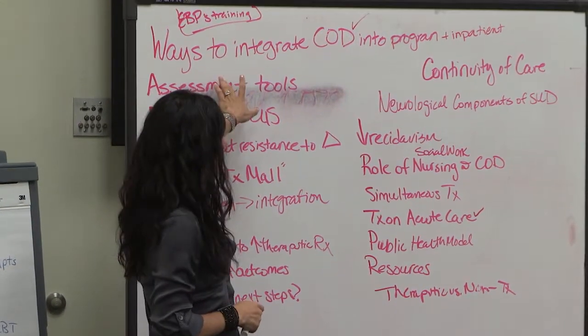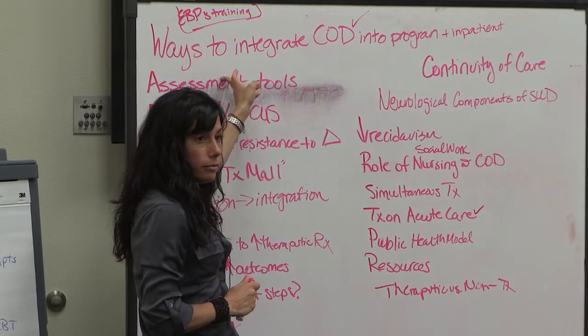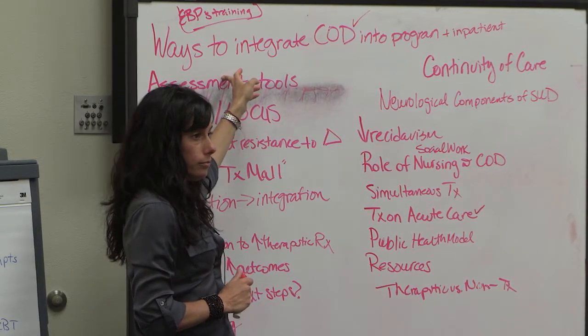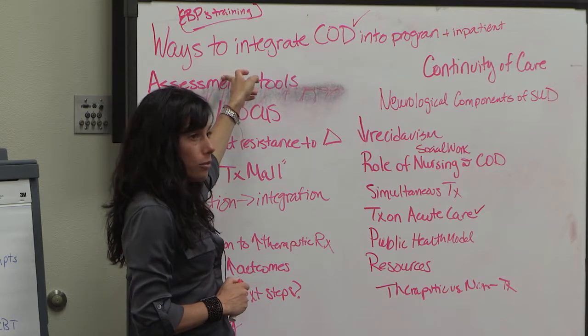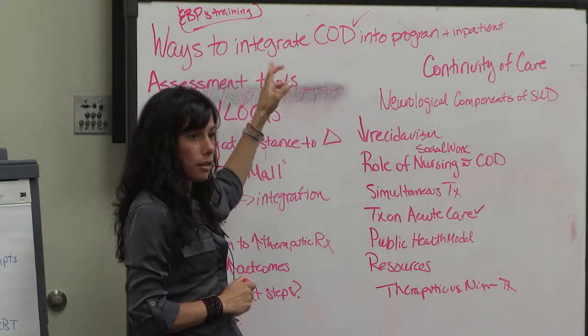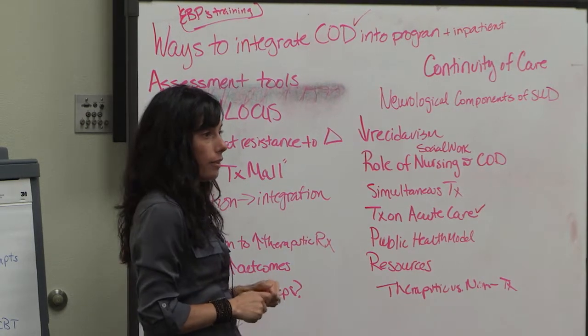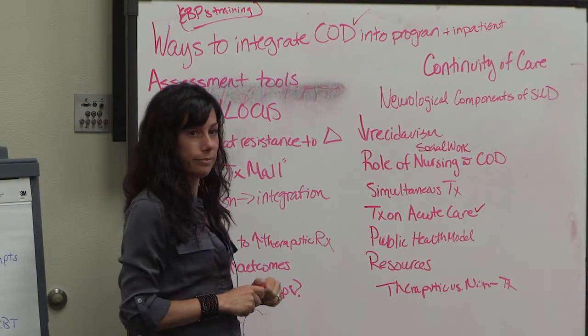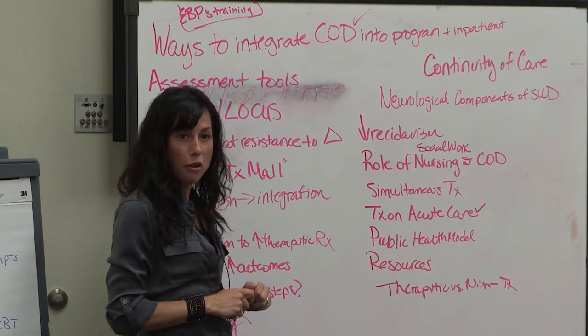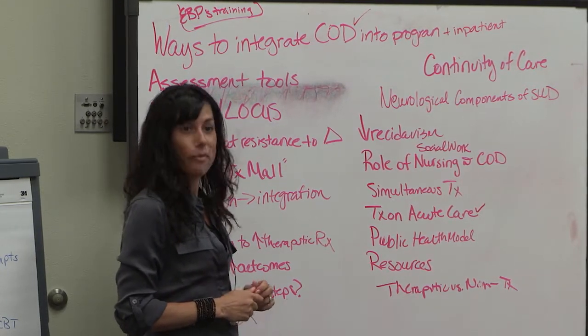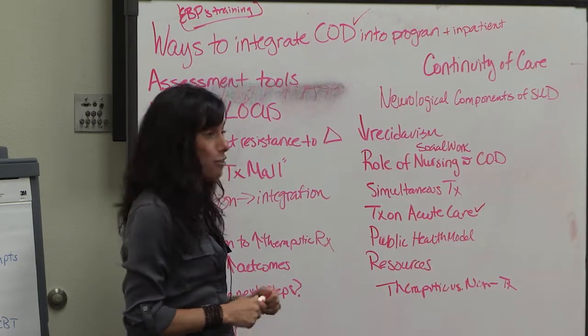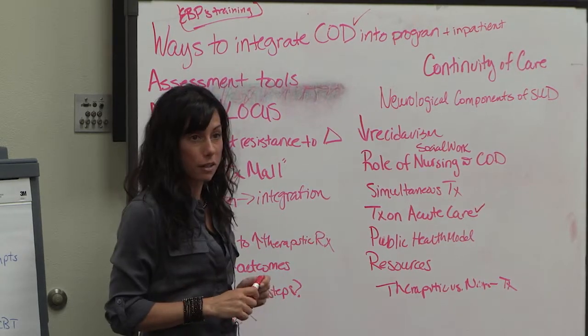Ways to integrate co-occurring into programs and inpatient. Yes, no? Is there something that somebody still is looking for? And a hush falls over the crowd. Okay, so we know that addressing barriers is still an issue.